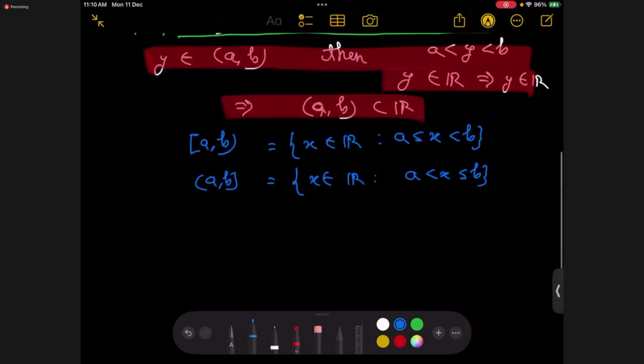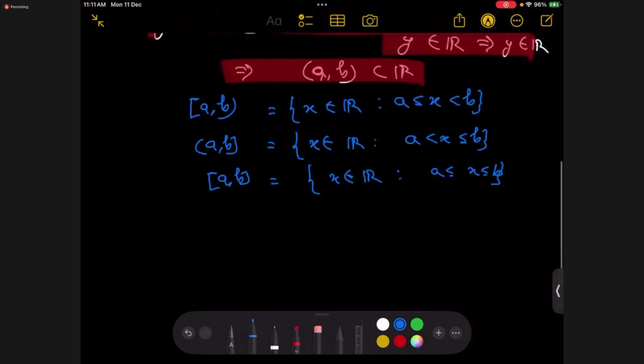And if we include both endpoints, then it is called a closed interval, denoted by [a, b]. So this closed interval stands for a set that contains the endpoints.